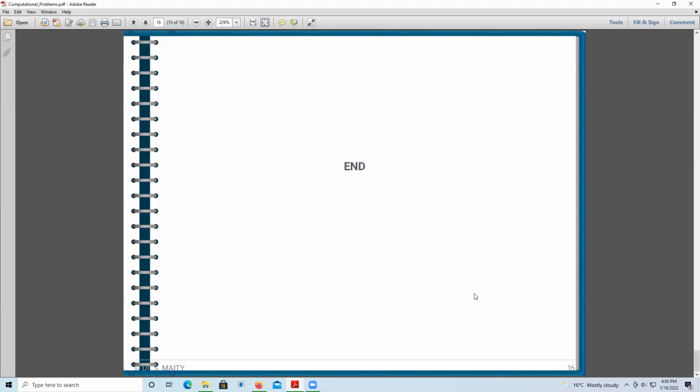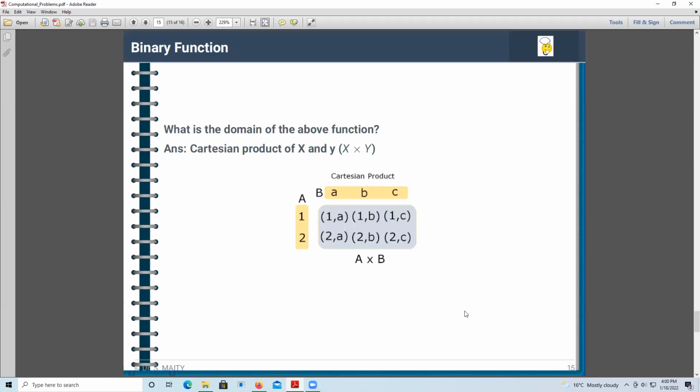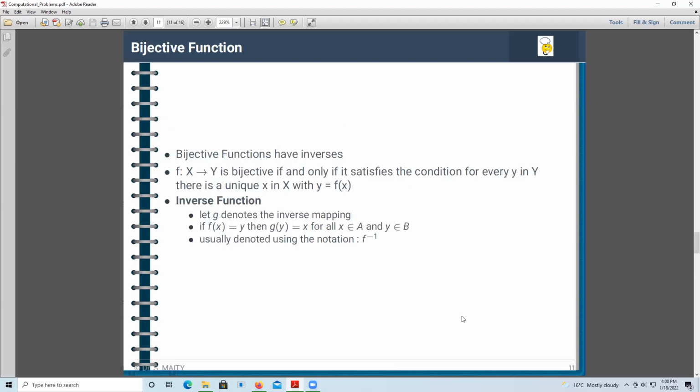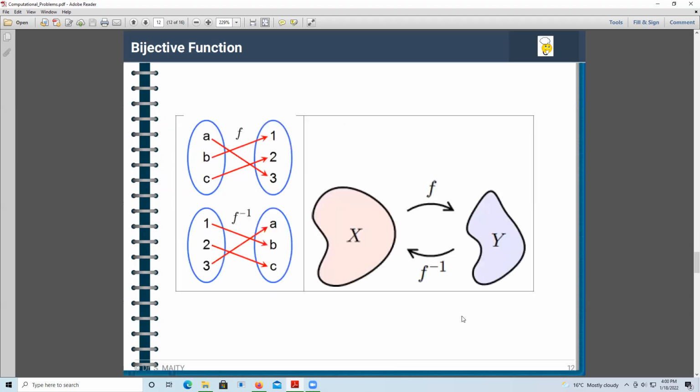I think up to this point, if there is any doubt, you can ask me. There is no question. So again, coming back to this point: a bijective function ensures that there exists an inverse function.